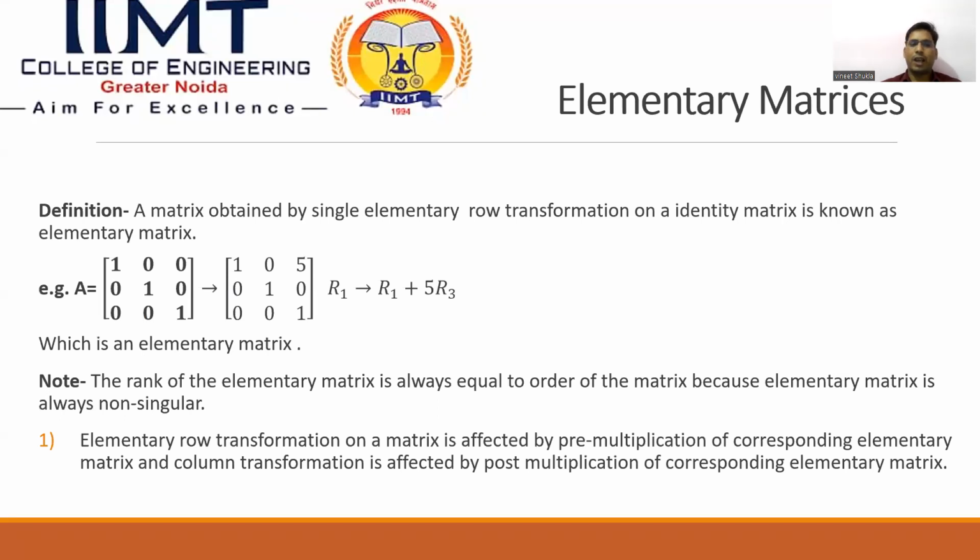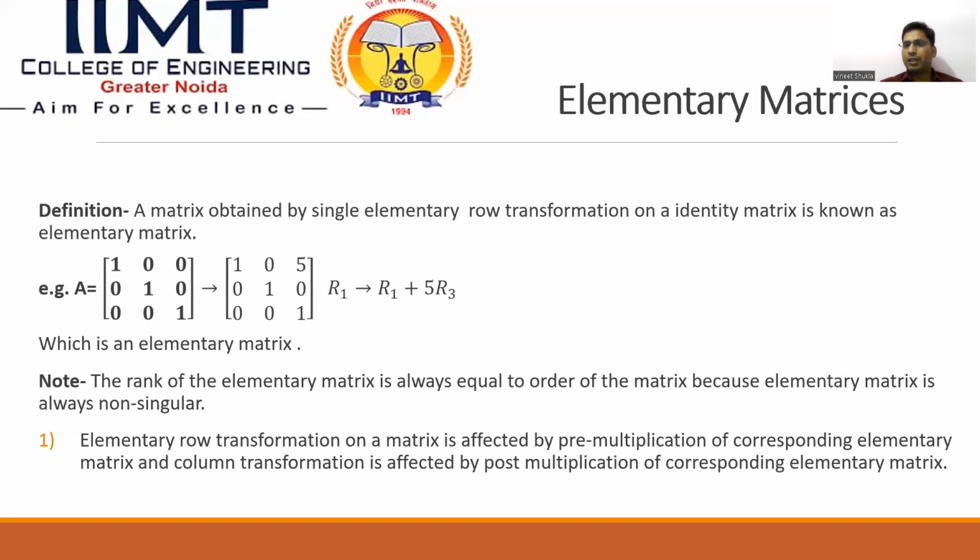For example, if we have a 3 cross 3 identity matrix, 1 0 0, 0 1 0, 0 0 1, and we apply the elementary operation row 1 plus 5 into row 3, we get the matrix 1 0 5, 0 1 0, and 0 0 1, which is known as an elementary matrix. These types of matrices are known as elementary matrices.